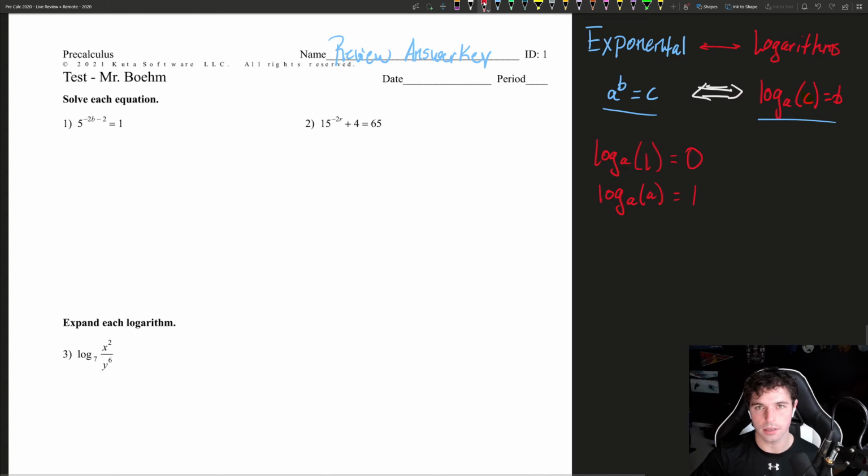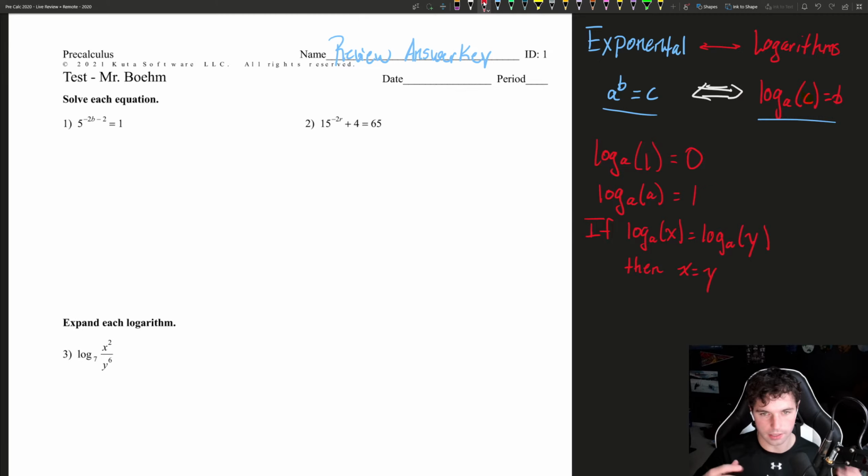And then there's the one-to-one property, which goes with the exponential part of this. And that says if log base A of x is equal to log base A of y, then x is equal to y.